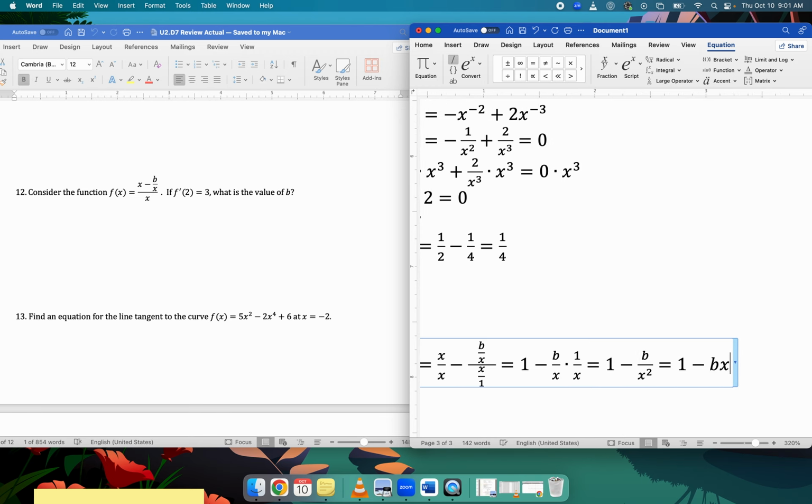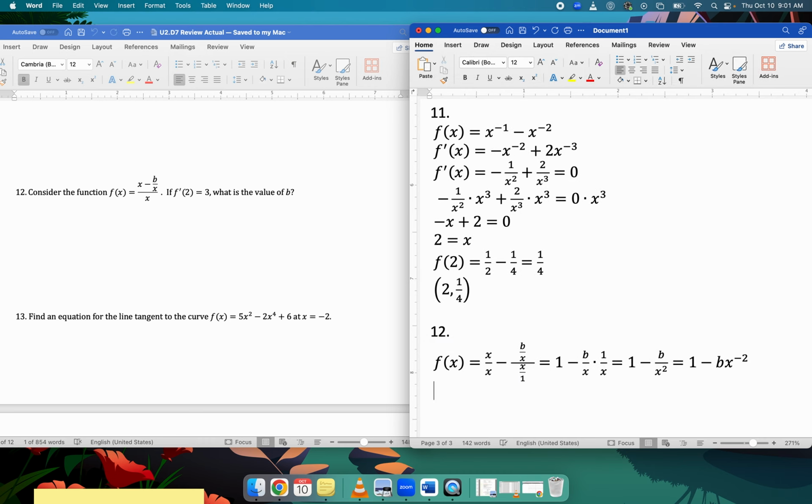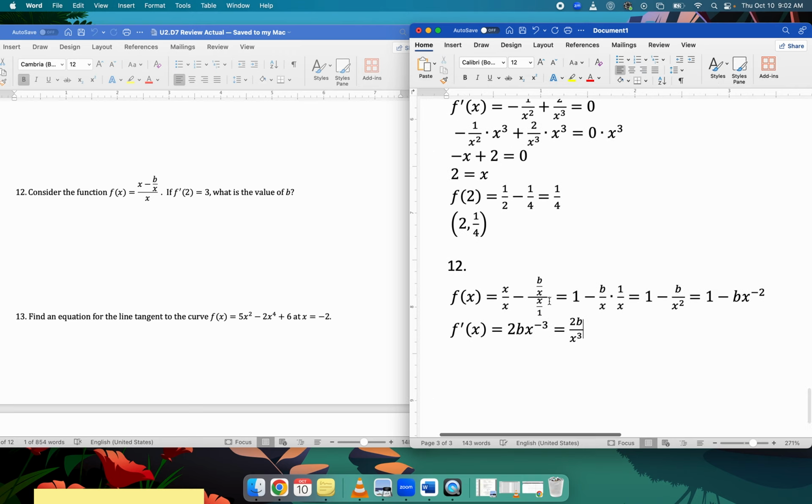This is 1 minus bx to the -2. Okay, finally I can take the derivative, right? So f prime of x is going to be, derivative of 1 is 0. Derivative of that second term is positive 2bx to the -3, which is 2b over x cubed. Okie dokie. So that's the derivative.